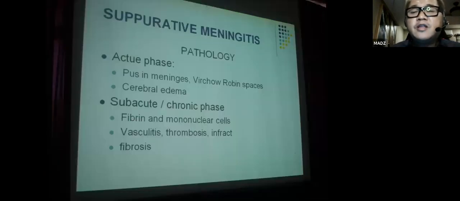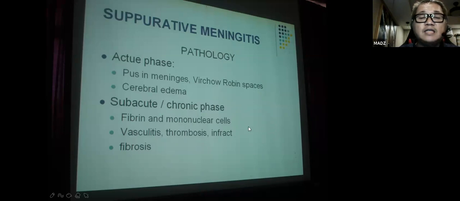So suppurative meningitis has three different phases. It can be acute, subacute, or chronic. During the acute phase of suppurative meningitis, what we're going to see is pus in the meninges, first in the subarachnoid space, especially in the Virchow-Robin space. And because there's active inflammation, you also see cerebral edema.